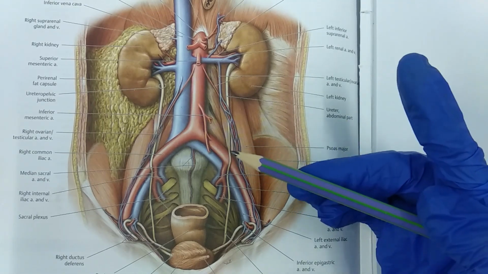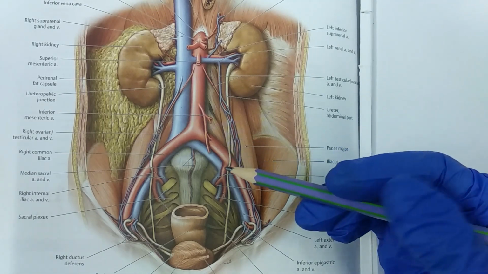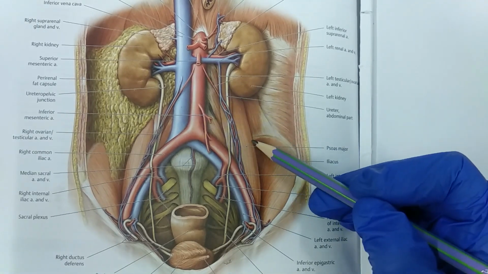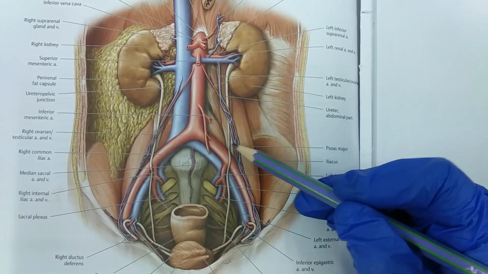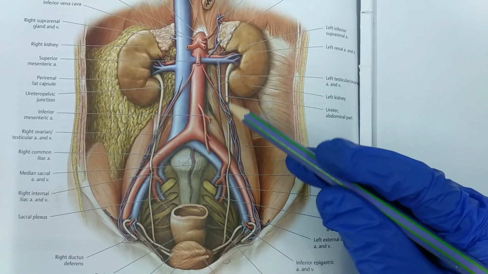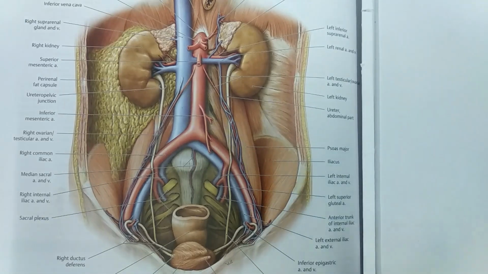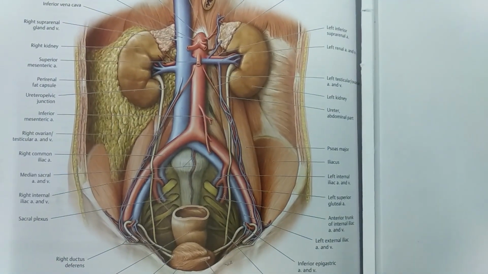So there are three structures related posteriorly to the abdominal part of the ureter: the psoas major muscle and fascia, the genitofemoral nerve, and the tips of the transverse processes of the lumbar vertebrae. These are the posterior relations of the abdominal part of the ureter.